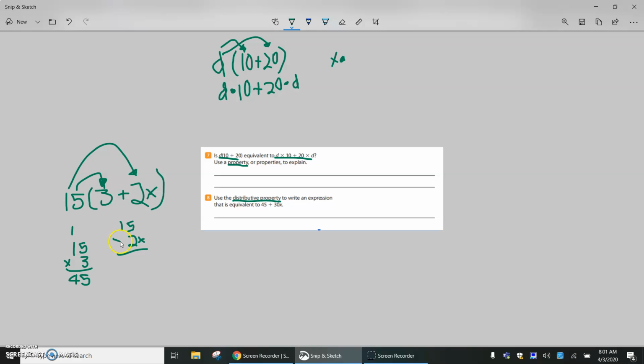I'm kind of impressed with my 5s. Okay, so 2 times 5 is 10. 2 times 1 is 2, plus 1 is 3. And that's 30x. And these are being added. So 45 plus 30x. Is that what we had here? Oh, look at that. Beautiful. Alright. Go out and conquer.